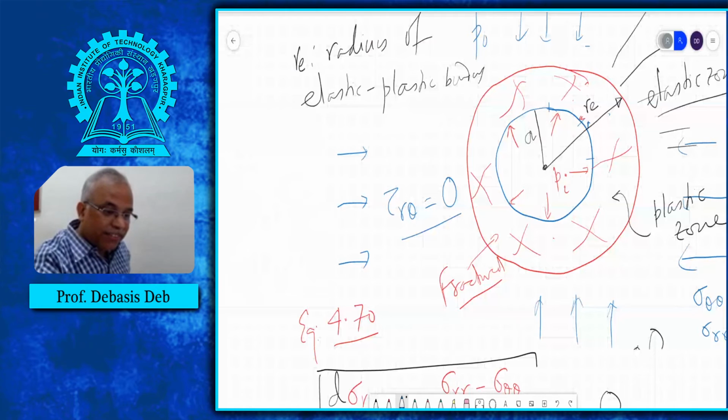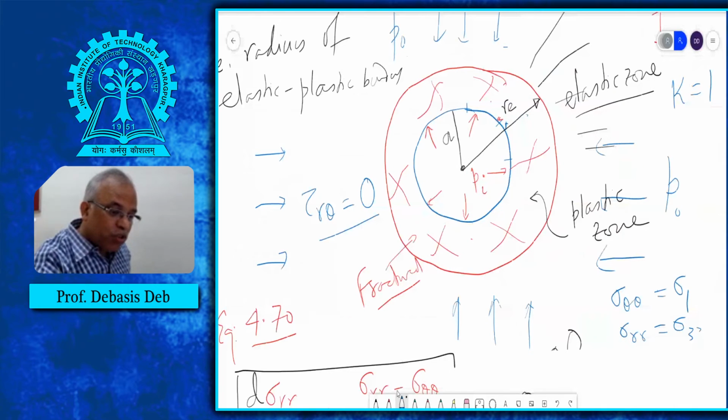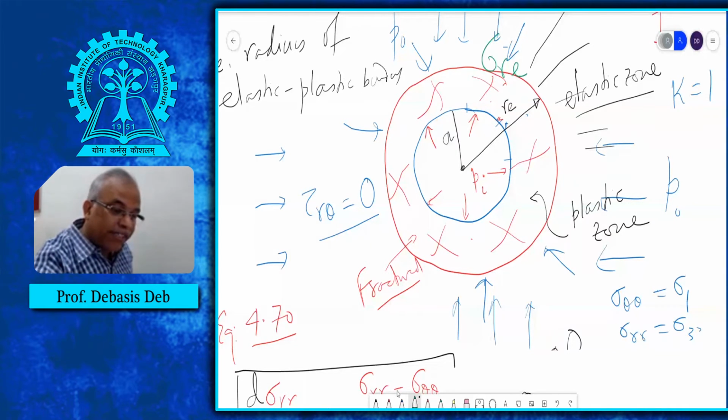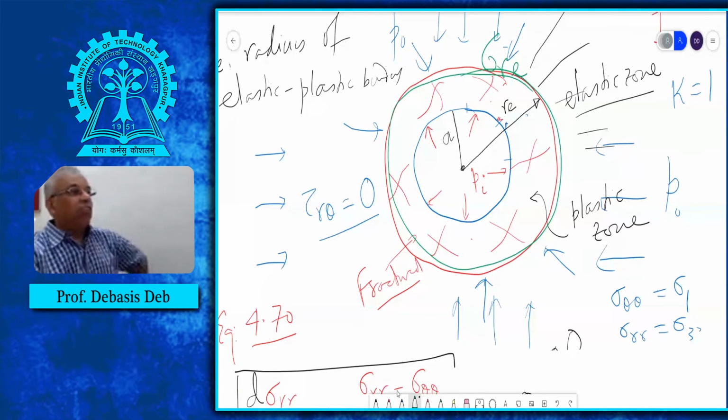Right here, basically, this is where, in this boundary, the radial stress is sigma RE. This is what we are assuming.